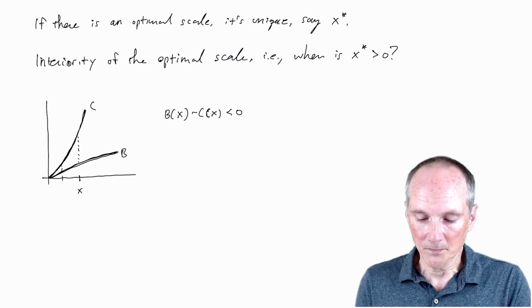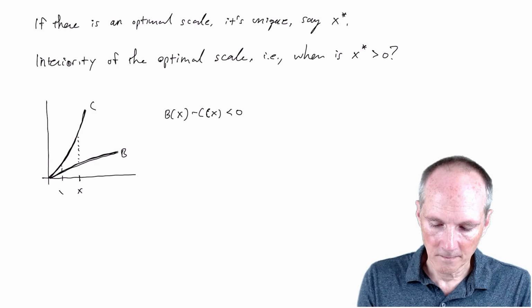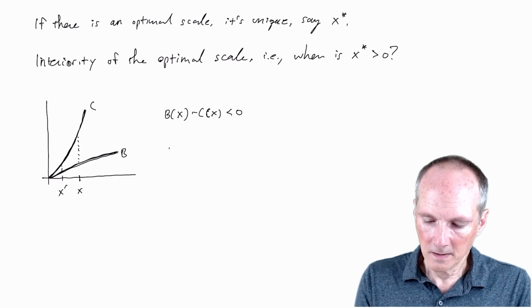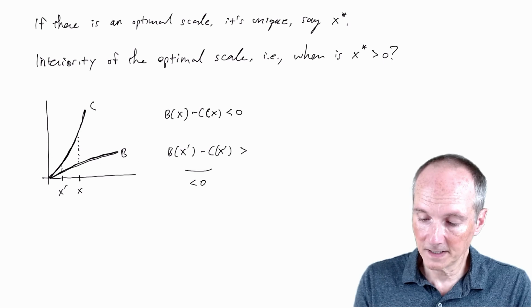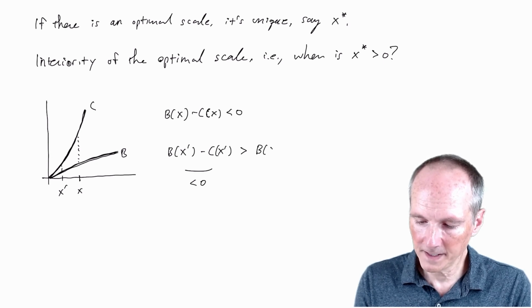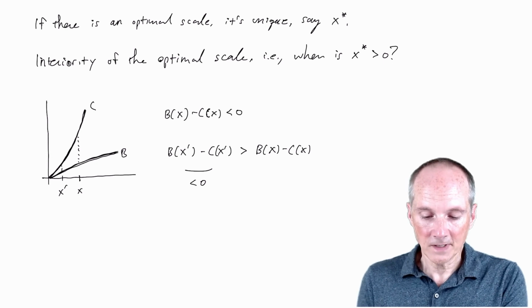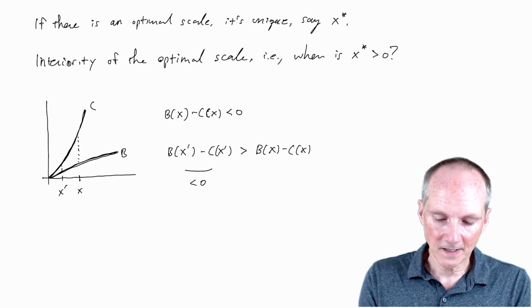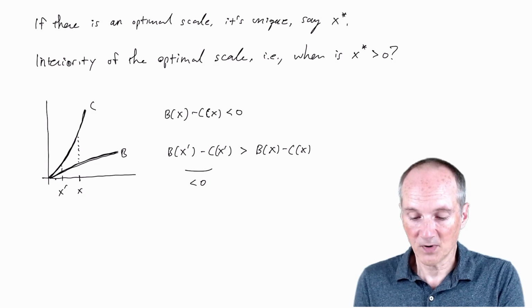So let's call that x prime. In this picture, the net benefit from x prime, even though it's negative still, at least it's bigger than x. But then actually, if I just choose a smaller scale, the net benefit's going to be bigger than x prime.